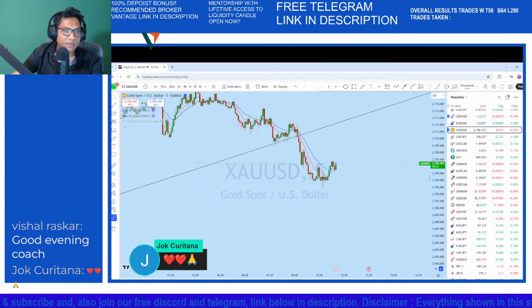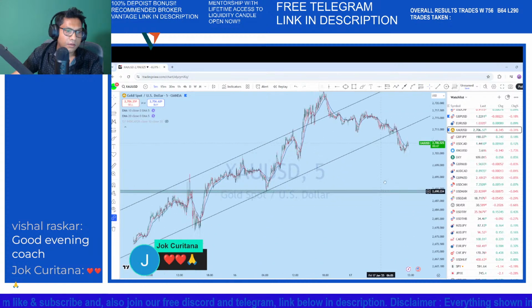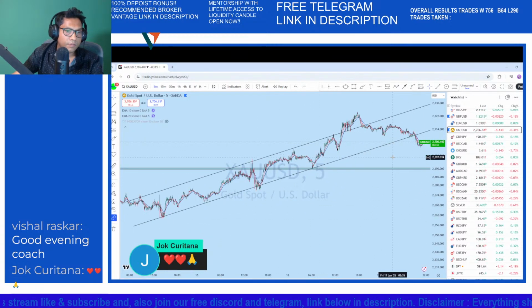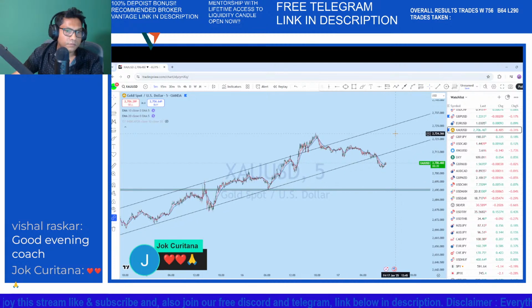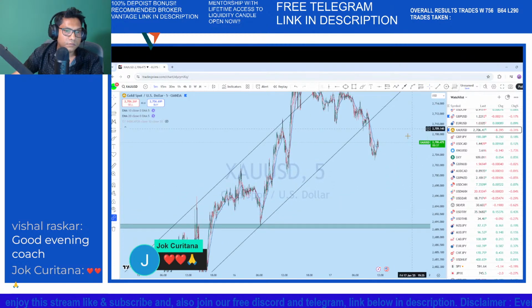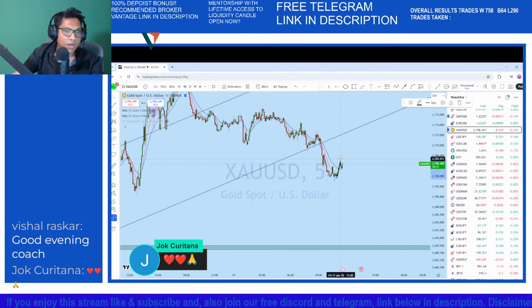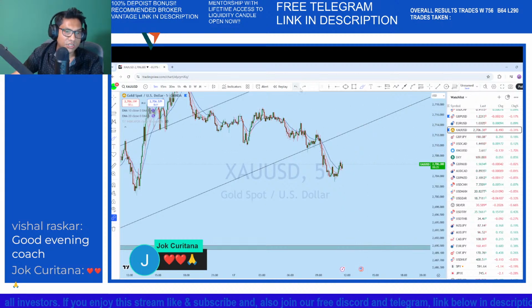So we can see the market trend is up, and this is a local upside, pullback, another move, pullback, another move, pullback. The market is forming a series of higher highs and higher lows, which is an uptrend.